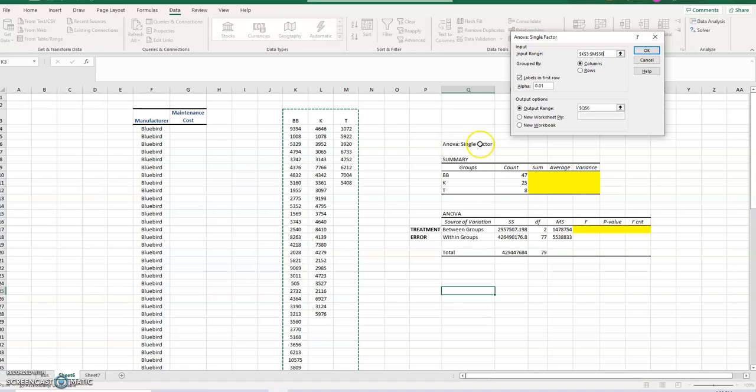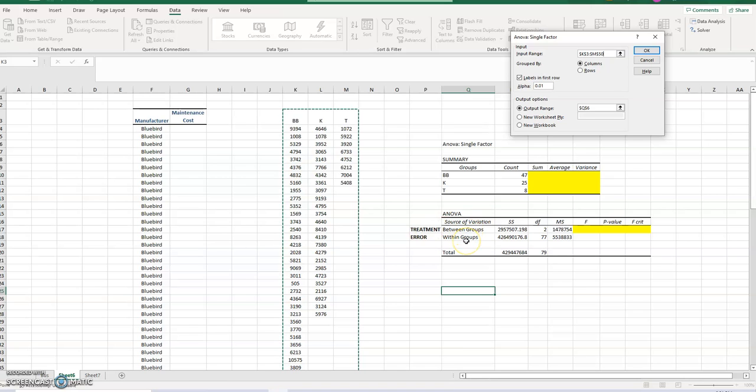It'll say ANOVA, single factor, and then it'll tell you your groups. If you want to spell it out, that's fine. But I use Bluebird, Kaiser, and Thompson, the number of data points for each, and then you'll have data that fills in here. So you'll have the sum of all the data, the average, and then the variance, just basic statistics. Now down here, there are two main categories of variation described in the book.